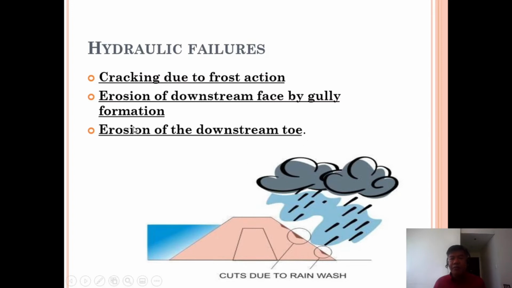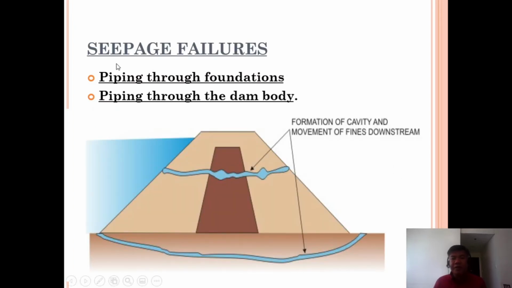Of course you have to protect the downstream side too, so that it will not be washed out as an effect of the seepage pressure also, because the other failure is seepage. So here we go with seepage failure. There are two types, although only one event happens for seepage, which we call piping.